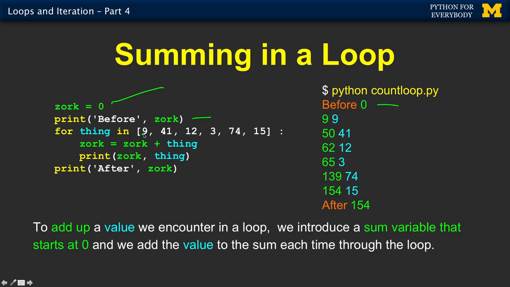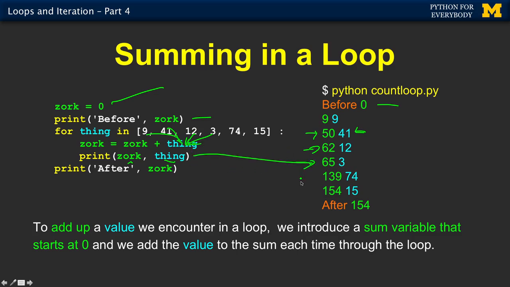Now 9 comes out, and 0 plus 9 is 9. So the running total is 9, and 9 was what we looked at. Then 41 comes in, we take 9 plus 41, the running total is 50. Then 12 comes in, 50 plus 12 is 62. Next we get 3, 62 plus 3 is 65.